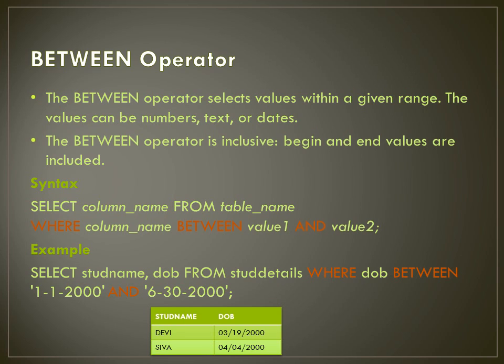Select student name, date of birth from student details where date of birth between 1st January 2000 and 30th June 2000. By executing this query, it will return the student name and date of birth of the students who were born between these two dates.